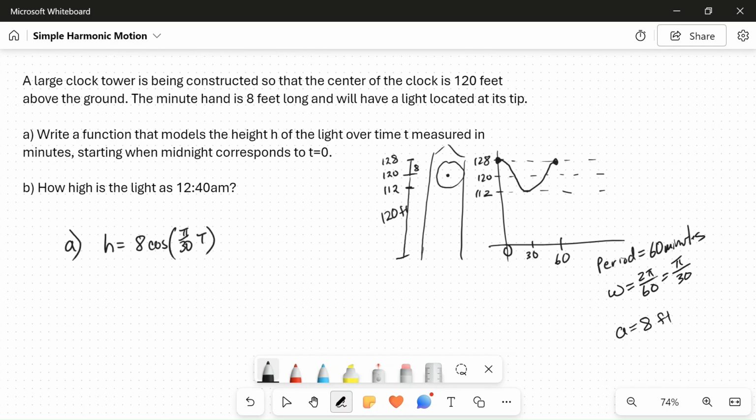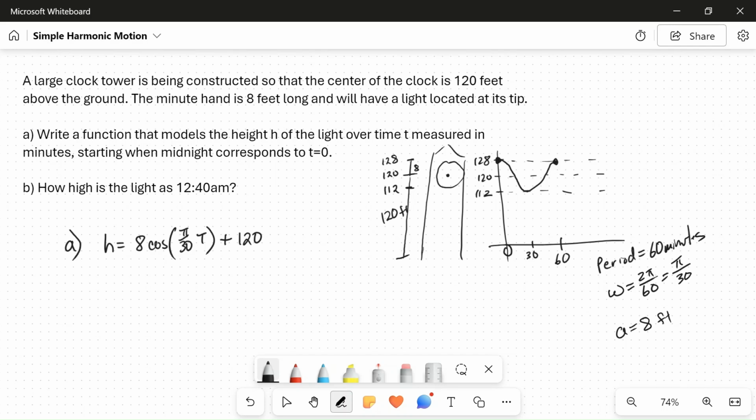All right. There's just one extra little piece that we need here. We didn't see this in the previous examples, but this graph is not centered at the x-axis. Its midline is 120. So it has been shifted upwards a distance of 120 feet. And so to account for that in our formula, we need to add 120 at the end of our equation.